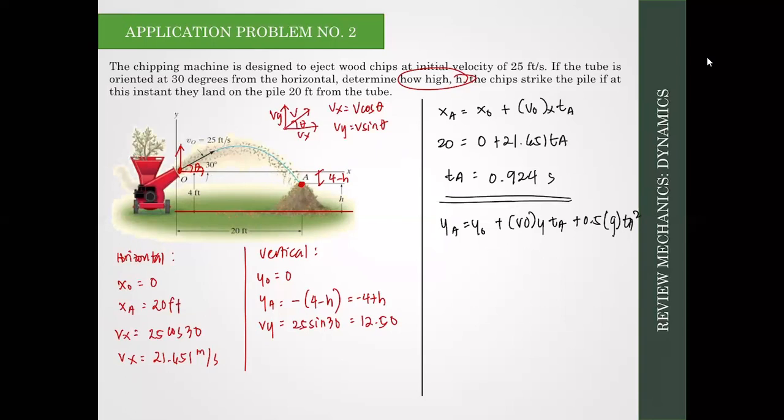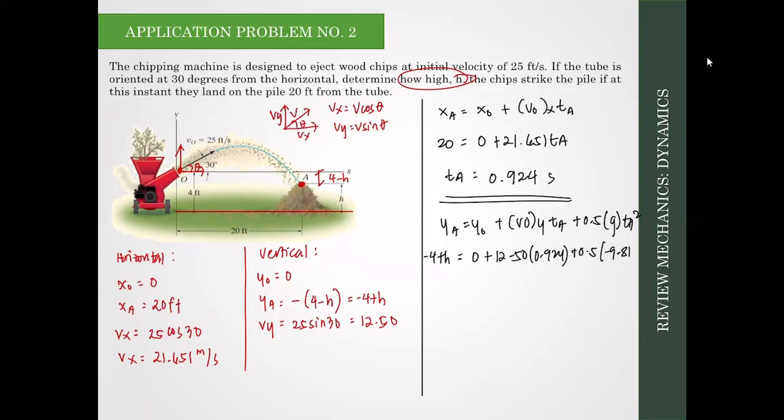Okay? So YA natin is negative 4 plus h is equals to 0 plus 12.5 times yung TA natin na 0.924 plus 0.5 plus negative 9.81.